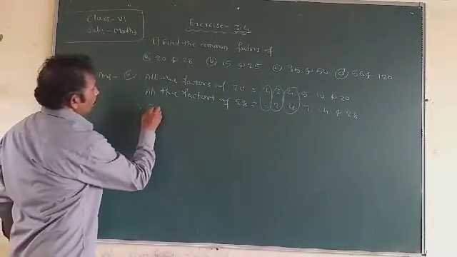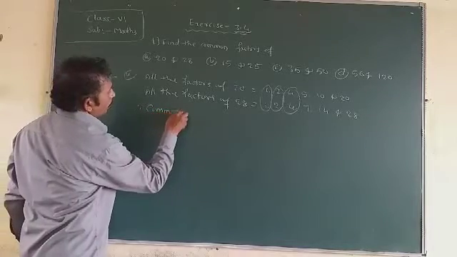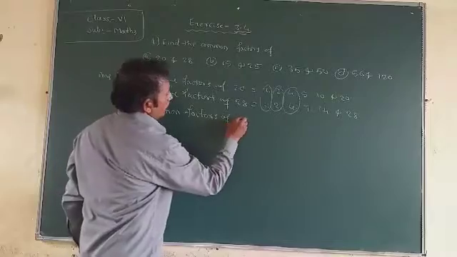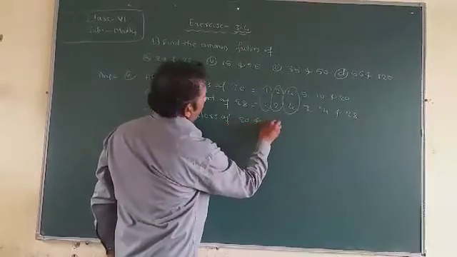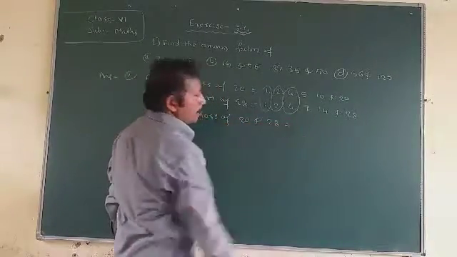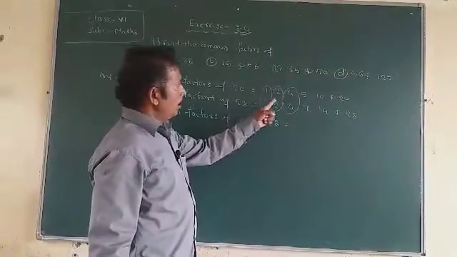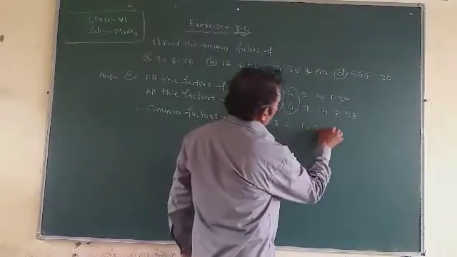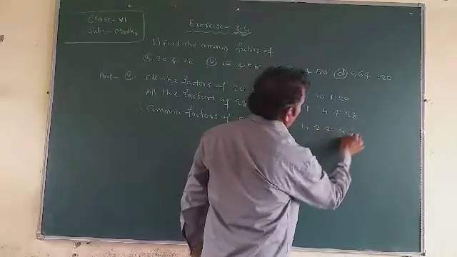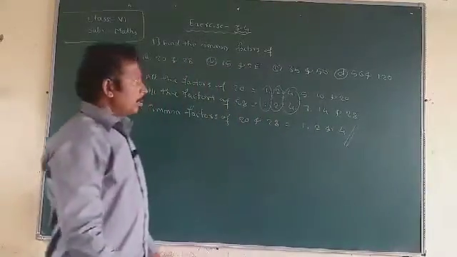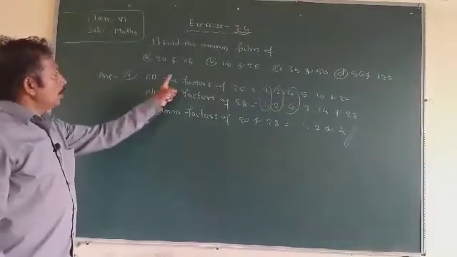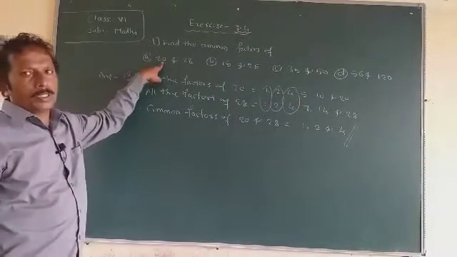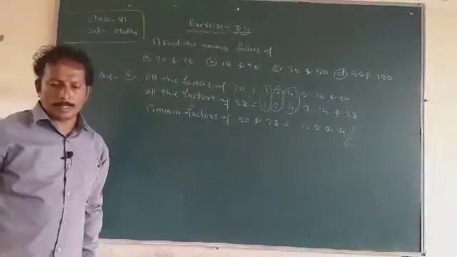Therefore, common factors of 20 and 28 is equals to 1, 2 and 4. So, this is how to find the common factors of 20 and 28.